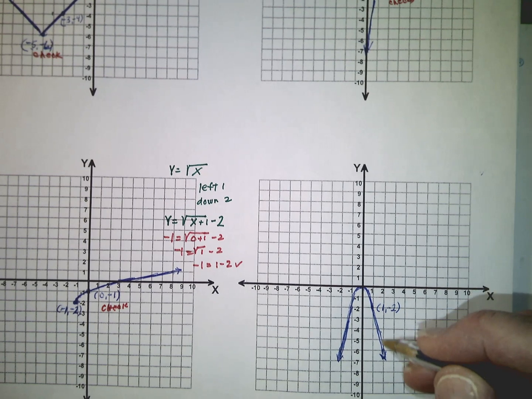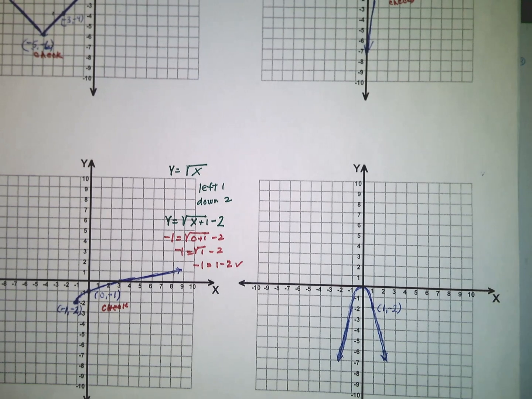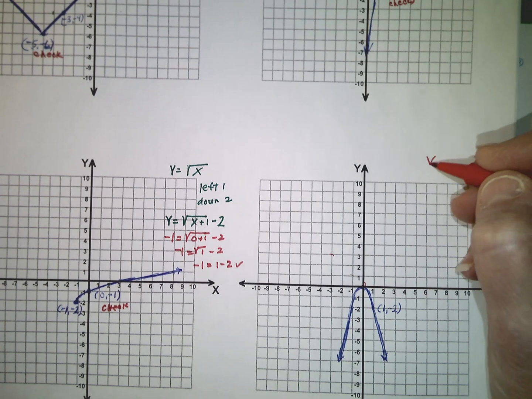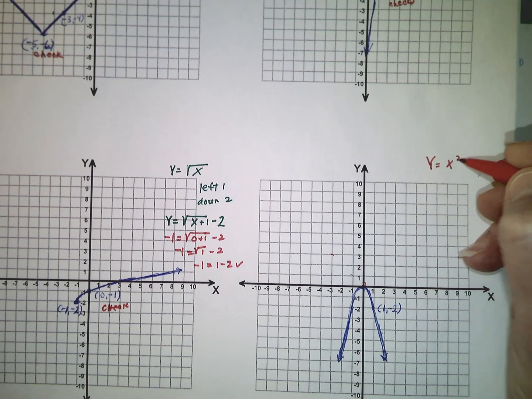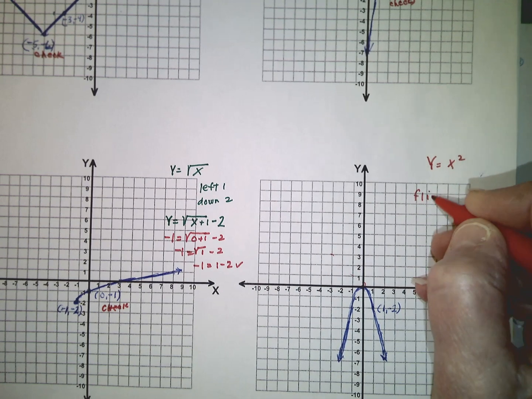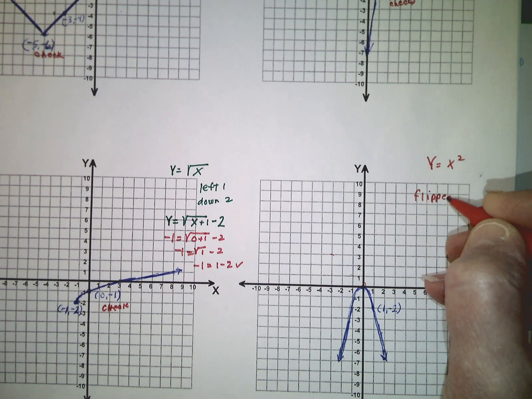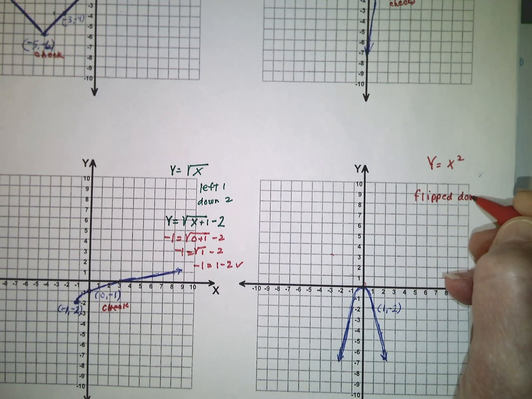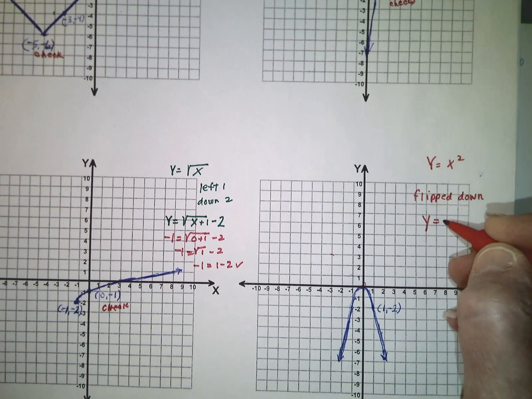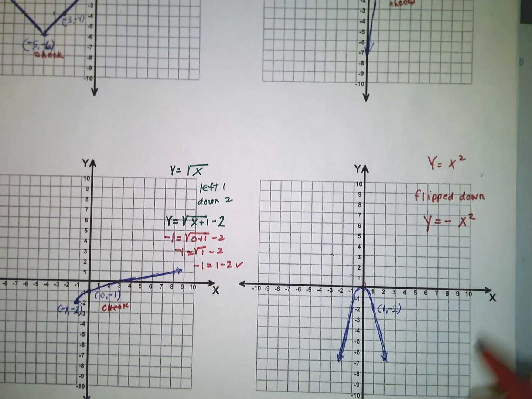This one, you've known for a long time. Parent function here should have been y equals x squared. But it got flipped down. So it's going to be y equals negative x squared.